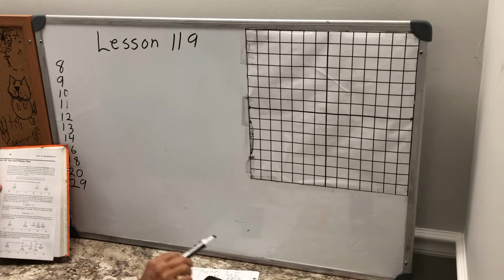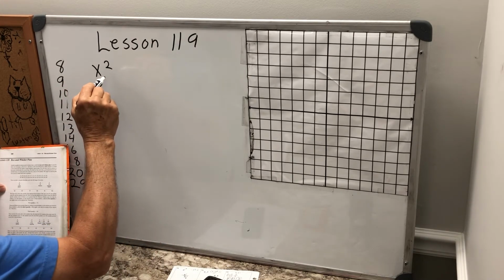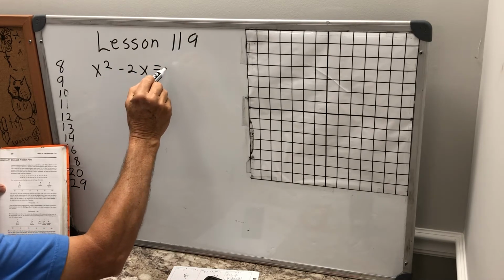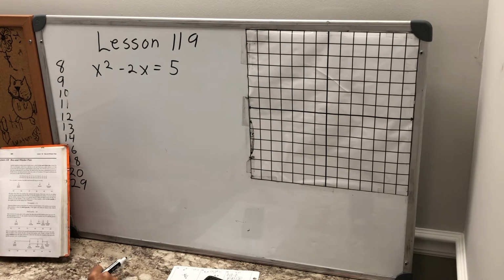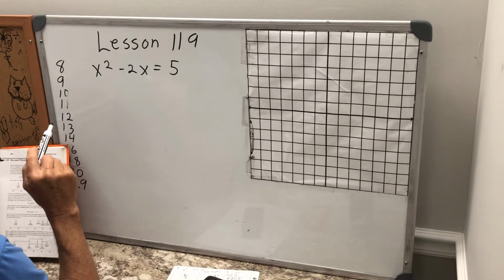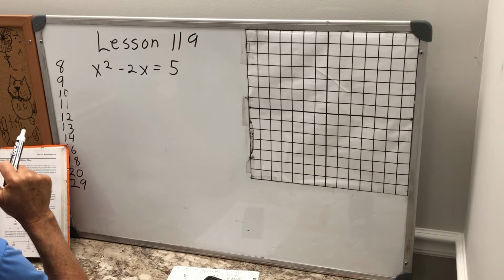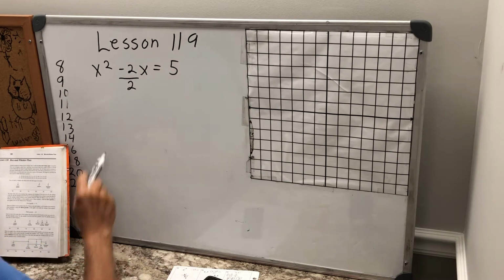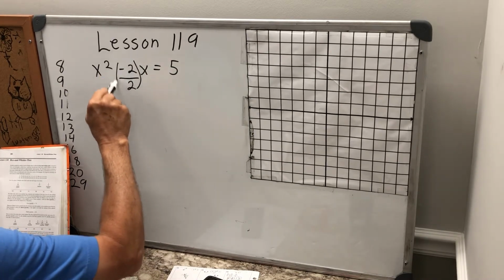Number 13, rewrite it again here. It's x squared negative 2x equals 5. Step number 1, always the same step. What is step number 1? Place a 2 under this number, and then square it.